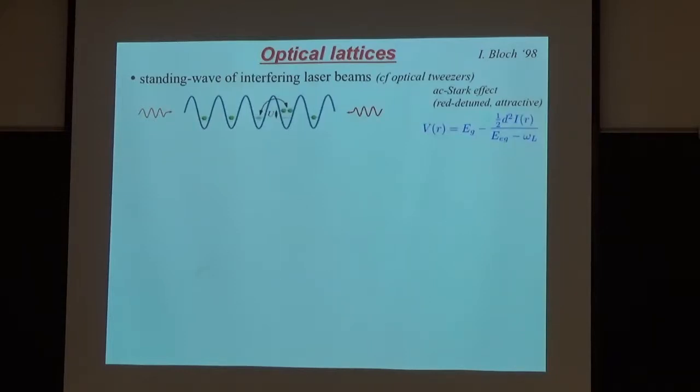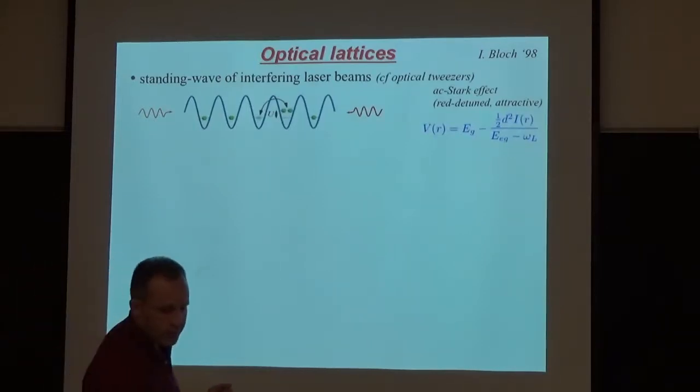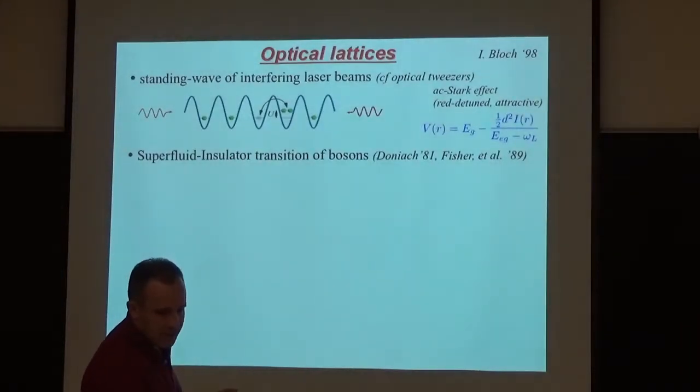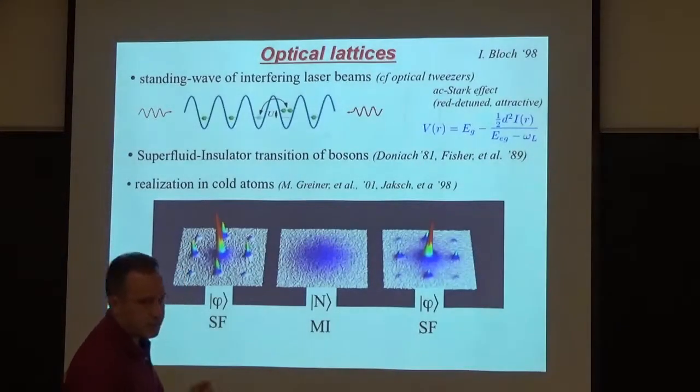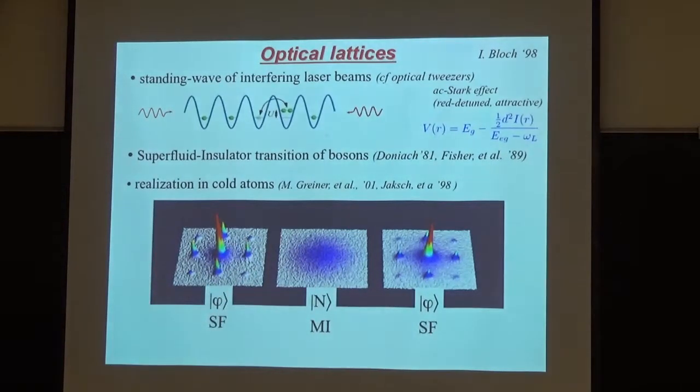So that's one way, and in fact this is a very successful way. One of the seminal experiments was done by Marcus Greiner, Manuel Bloch and company, after a suggestion by Peter Zoller and company. Greiner et al. were able to realize the superfluid to insulator transition. By starting with a shallow potential, low intensity, the hopping matrix element is large, and the kinetic energy is large compared to interactions.